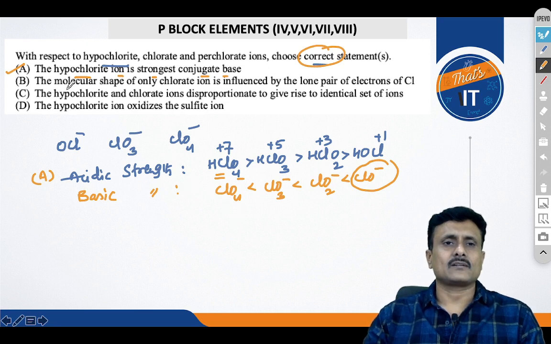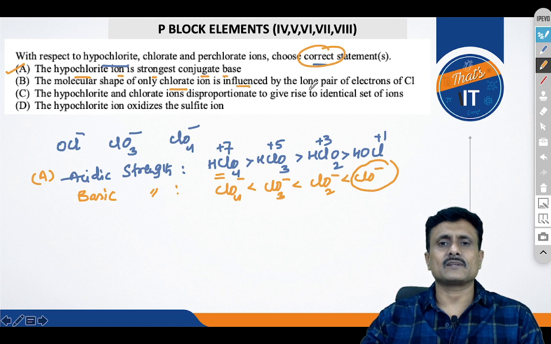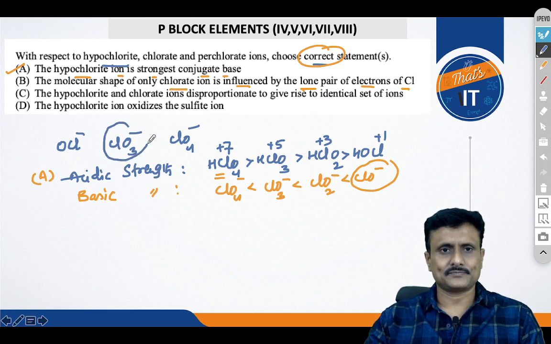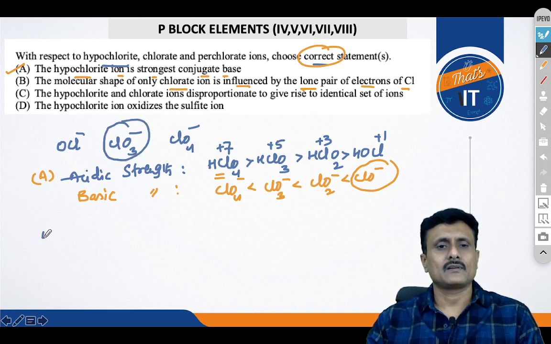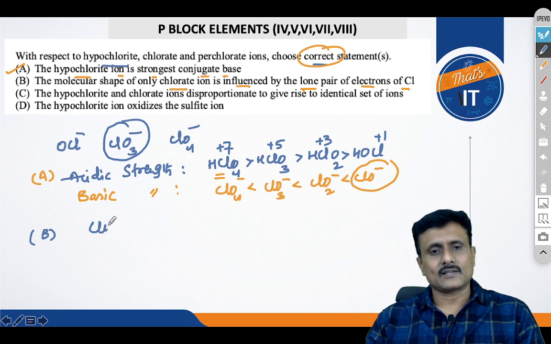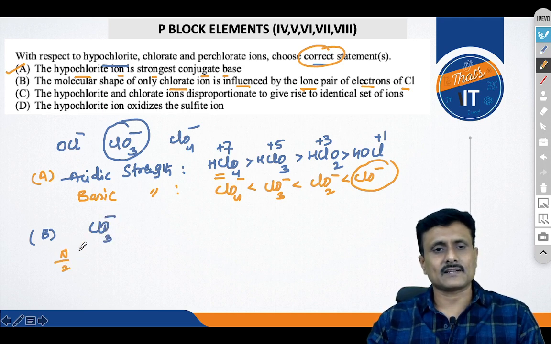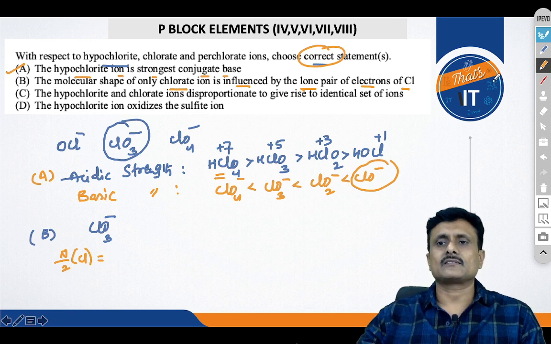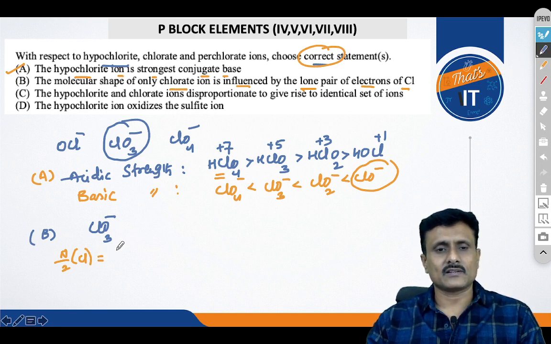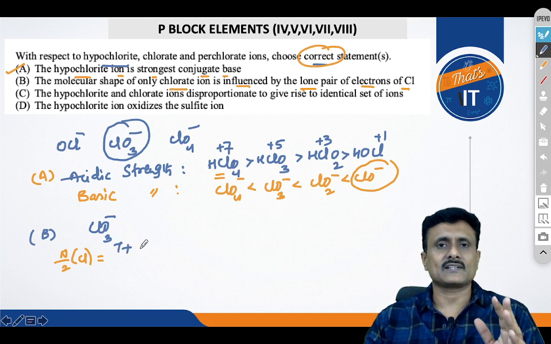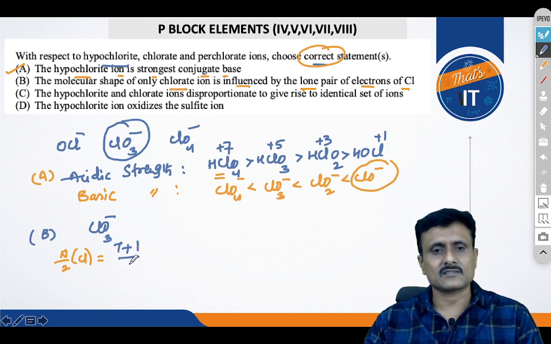You can see second, the molecular shape of only chlorate ion is influenced by the lone pair of electrons of chlorine. Let's see. You got chlorate ion. When I take chlorate ion, you have to find out the n by 2 of the central atom, that is chlorine. Valence electrons of chlorine is how much? 7, plus hydrogen 0, halogen attached 0, plus 1 for the minus 1 charge.